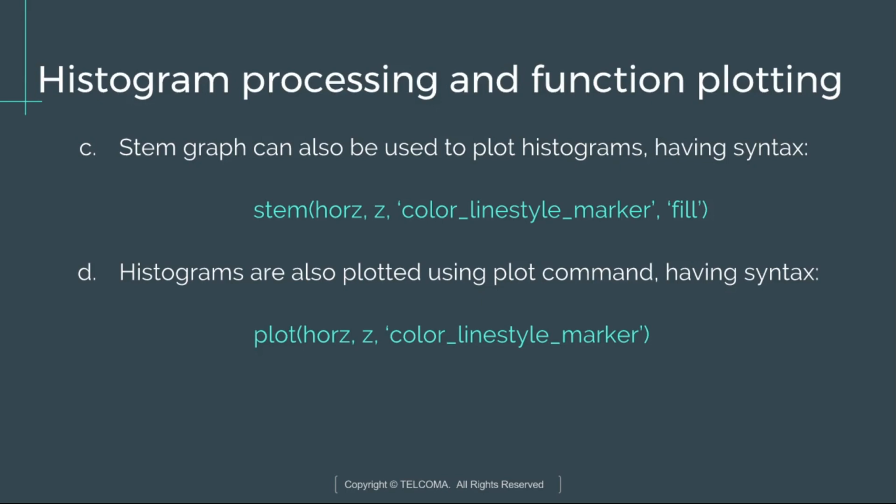If horz is omitted, the horizontal axis is divided in units from 0 to length of z, as before. The argument color_linestyle_marker is a triplet of values. Histograms are also plotted using the plot command, having the syntax plot(horz, z, color_linestyle_marker).